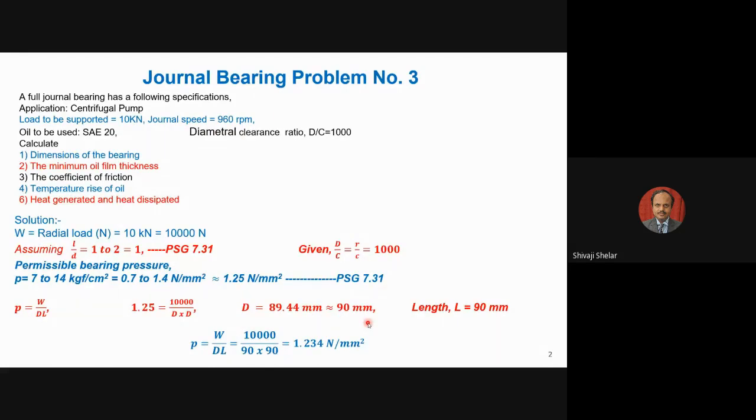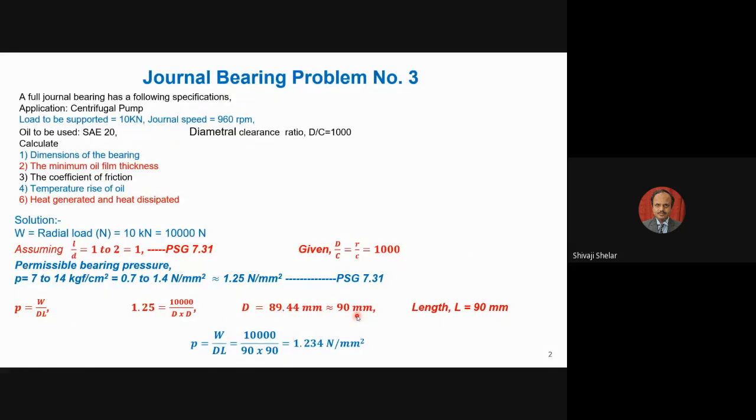Whenever you get this diameter, it has to be approximated to the next standard value. Up to 100 mm, from say 50 to 100 mm, you will have a step of 5 mm. So even if you get 86 here, you have to take 90 mm. Suppose you get 84 here, then it should be taken as 85 mm.